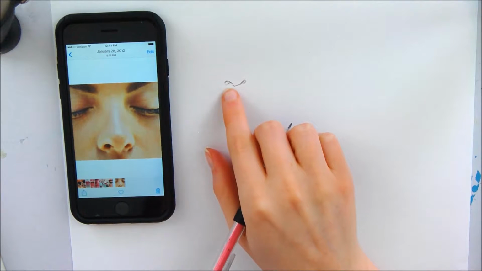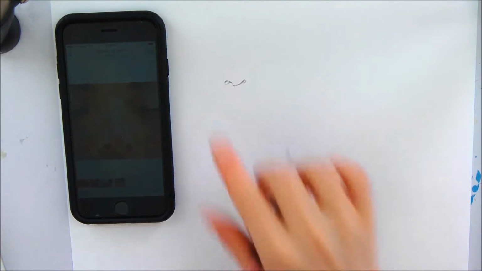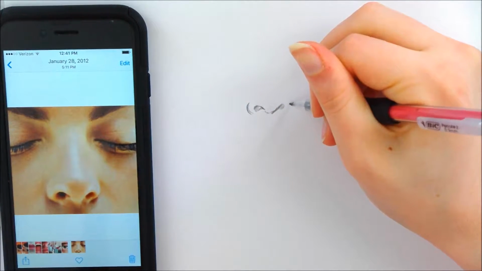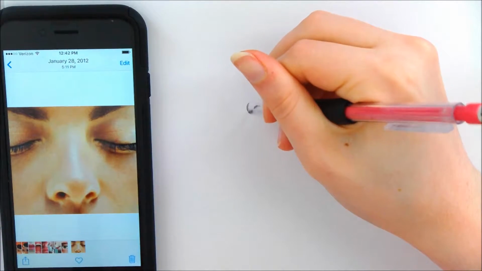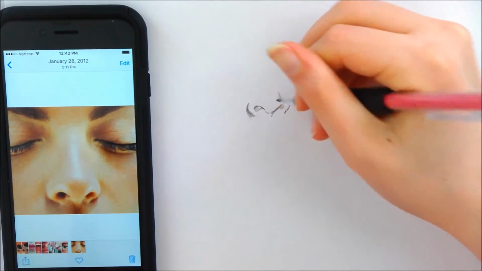And they're sort of water droplet shaped. You're going to want to draw one side of the nostril and the other side of the nostril. Shade it right here because it's indented in.